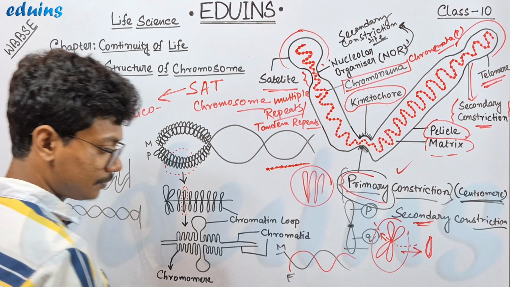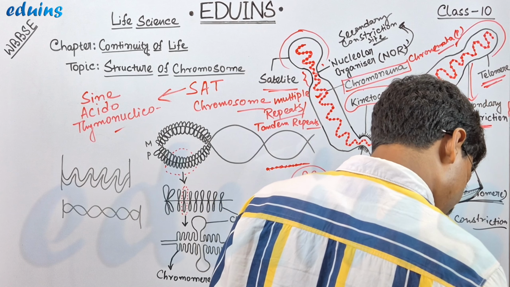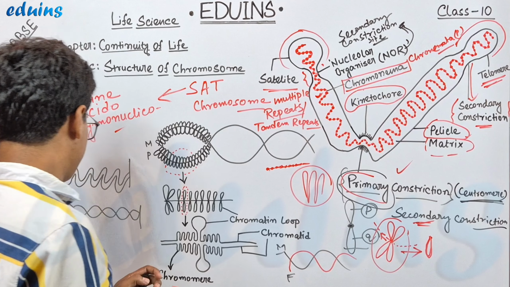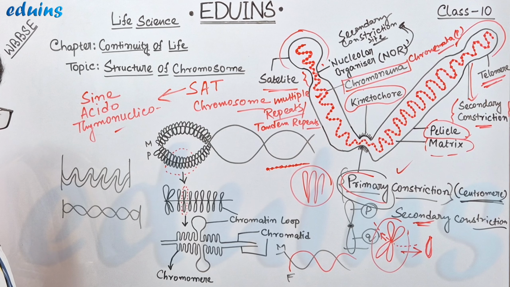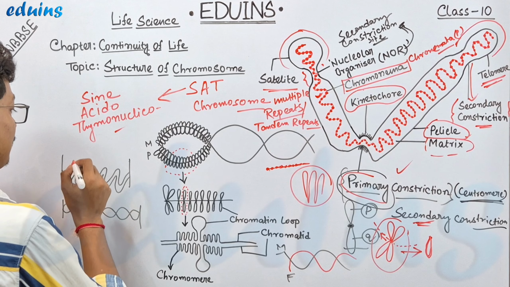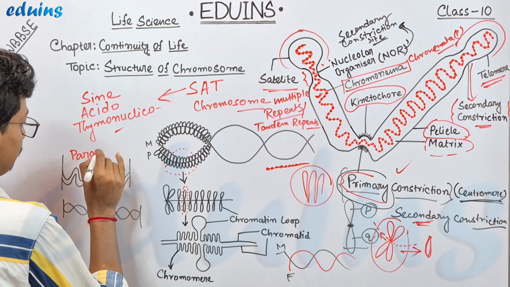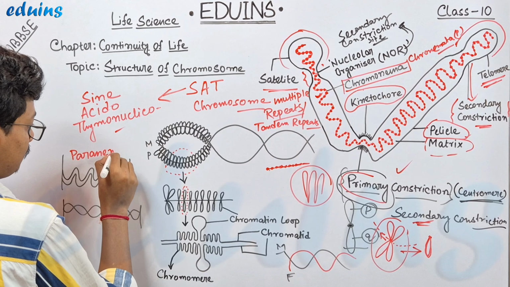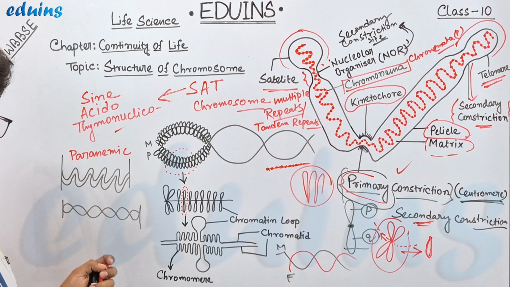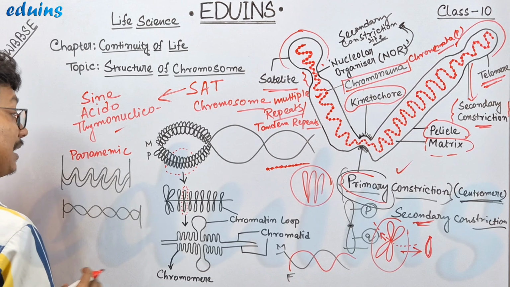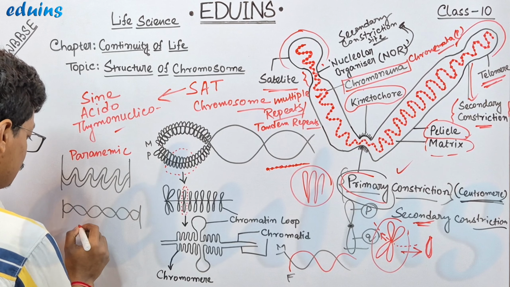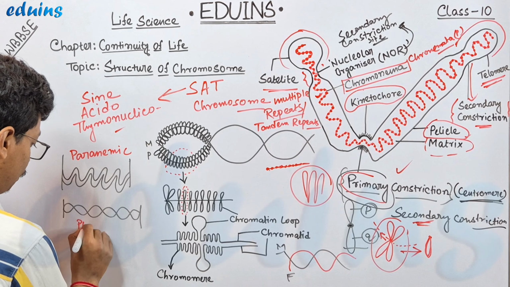This loosely packed type is known as paranemic, and this compact or spiral packaging is known as plectonemic.